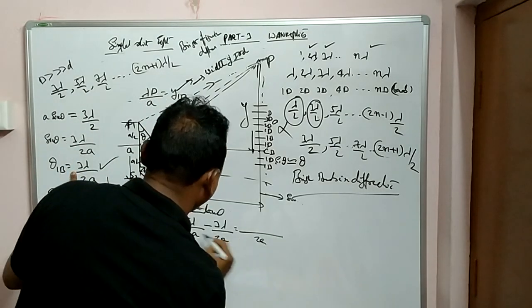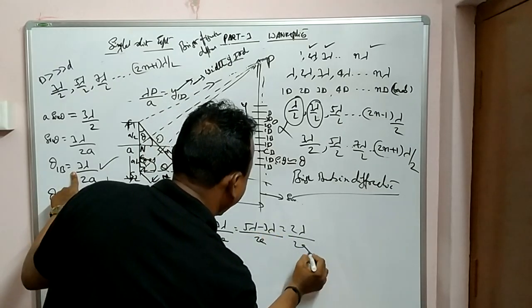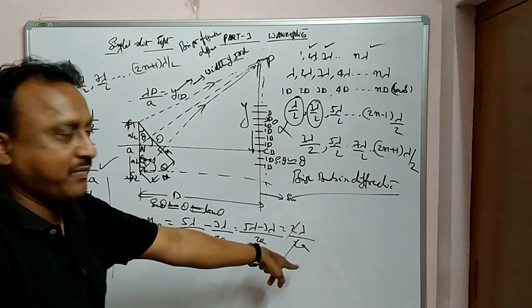With 2a as LCM, 5λ minus 3λ, that is 2λ/2a. Again the same, we got λ/a.